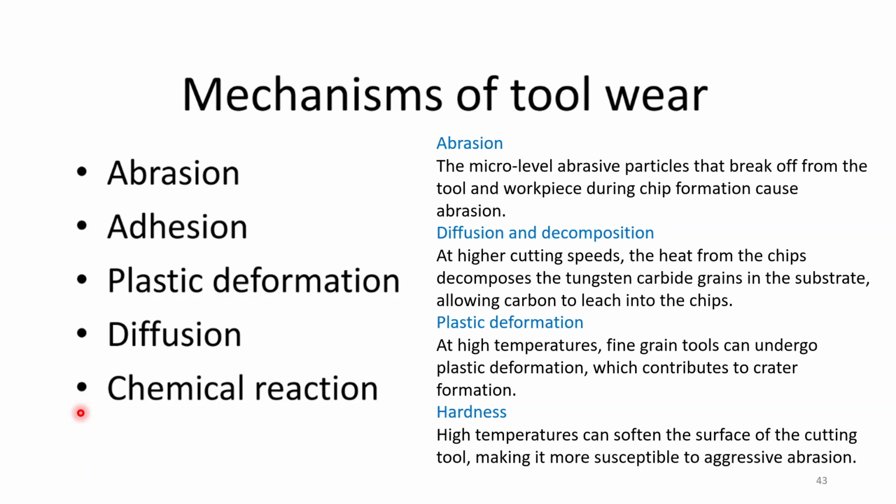In case of plastic deformation, at high temperatures, fine grain tools can undergo plastic deformation, which contributes to crater deformation. And high temperature can soften the surface of the cutting tool, making it more susceptible to aggressive abrasion.